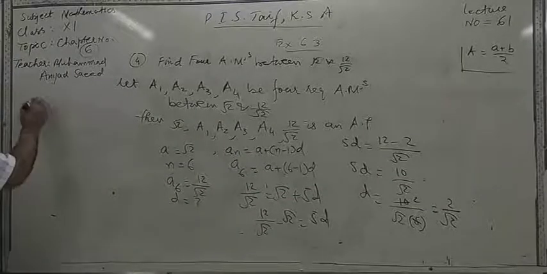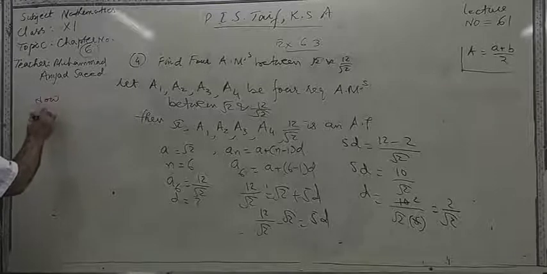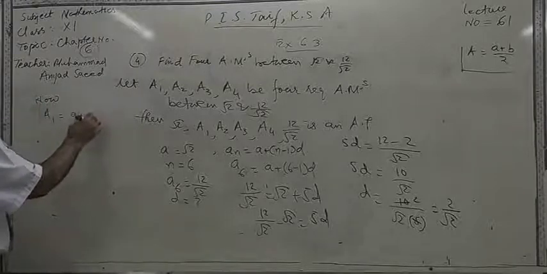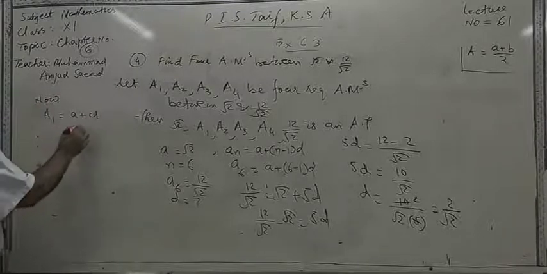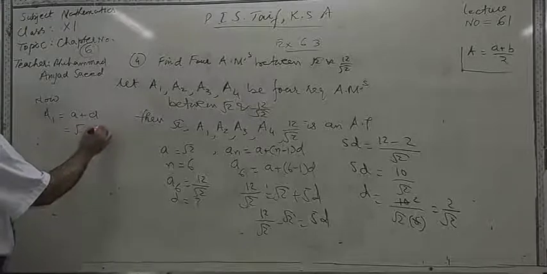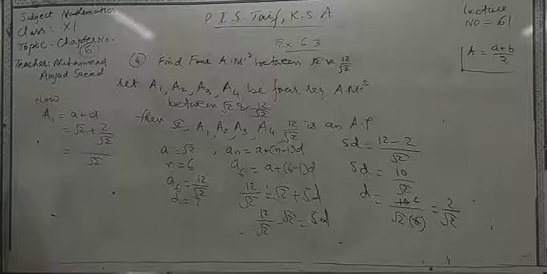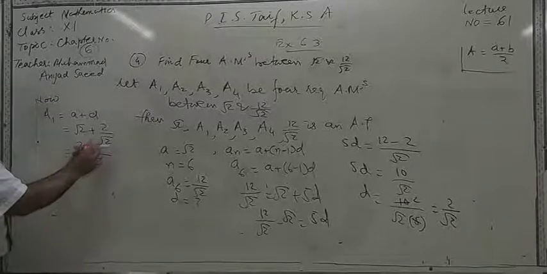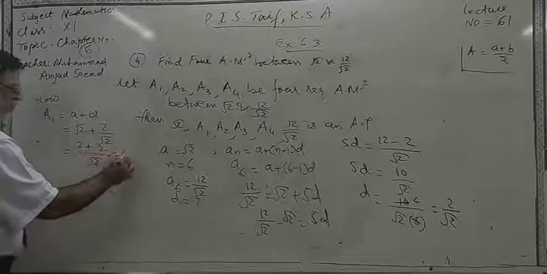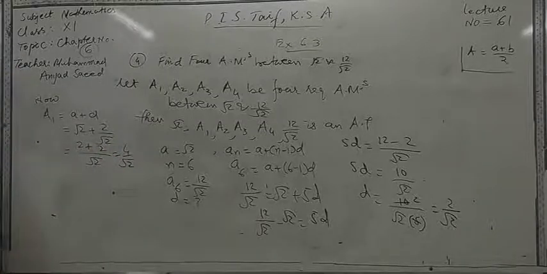Now we can find A1 is equal to A plus D. What about A? Root 2, and D is 2 over root 2. You can take root 2 as LCM. So root 2 into root 2 is 2, and it will be 4 over root 2.